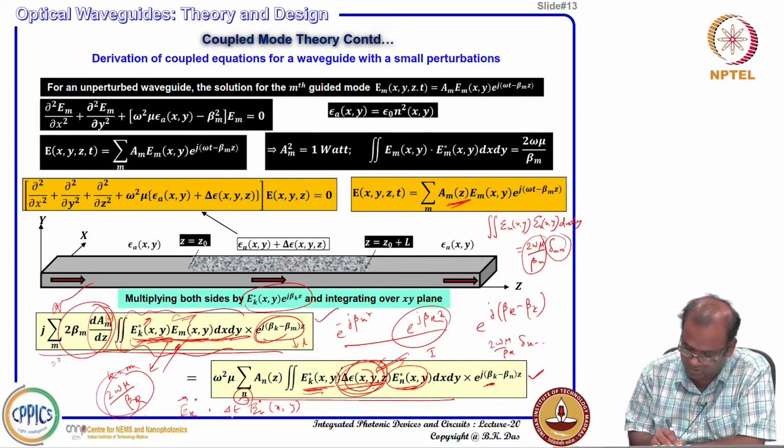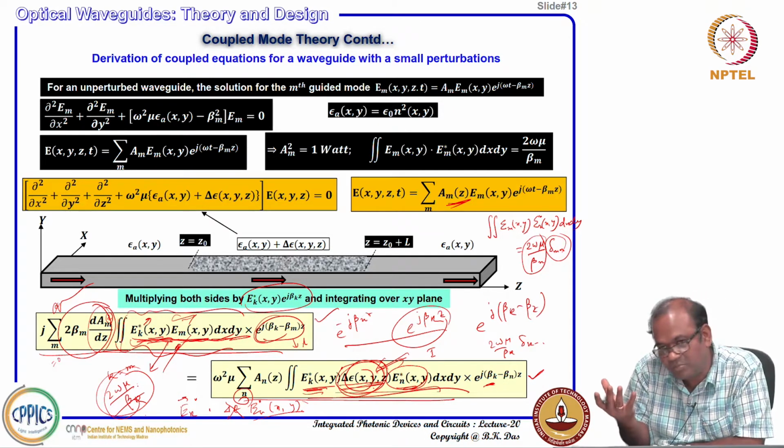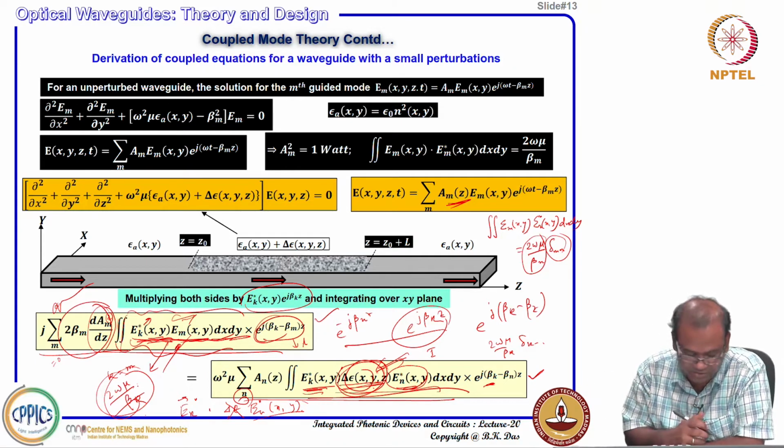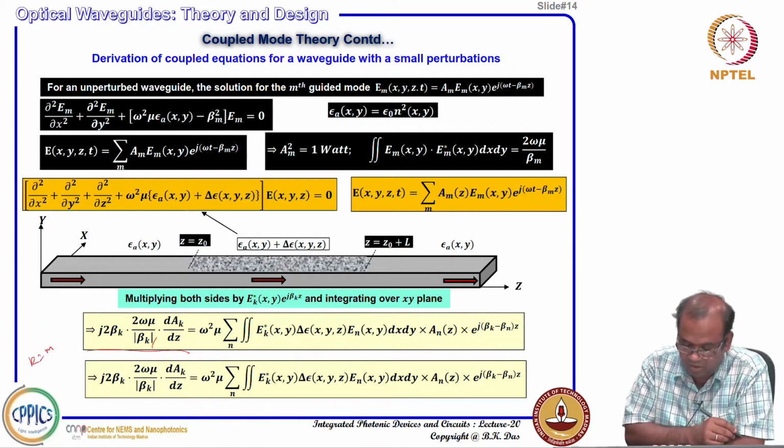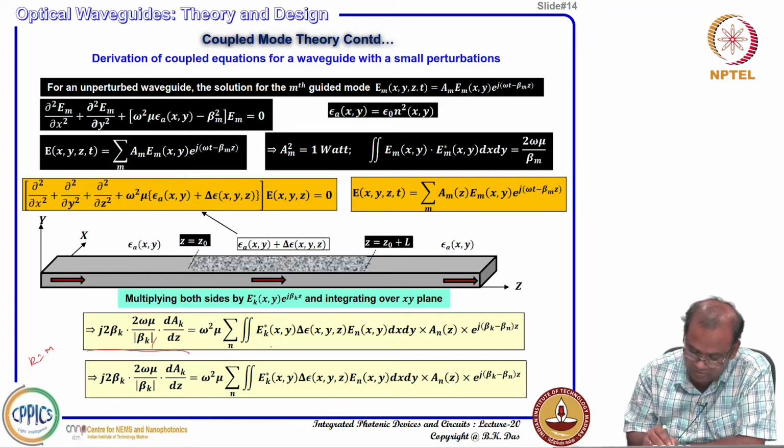You are taking the dot product, the projection, and that is what overlap actually means. If it was just 1, it would make no sense, there would be no perturbation, and left hand side and right hand side could easily be related. Since we cannot do that, the right hand side we keep as it is, with the n summation, and the left hand side is like this.